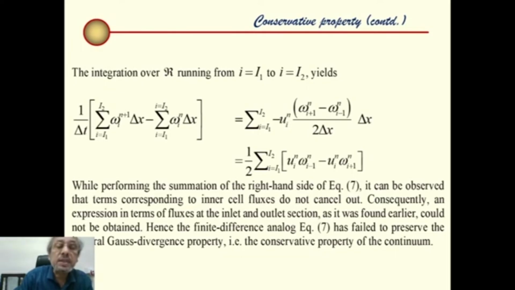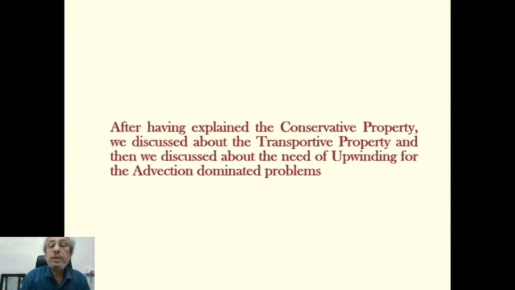We discussed this conservative property and then said there are weak conservative form and strong conservative forms, and then we discussed about transportive property, and we also discussed about need of upwinding for the advection dominated flow problems.